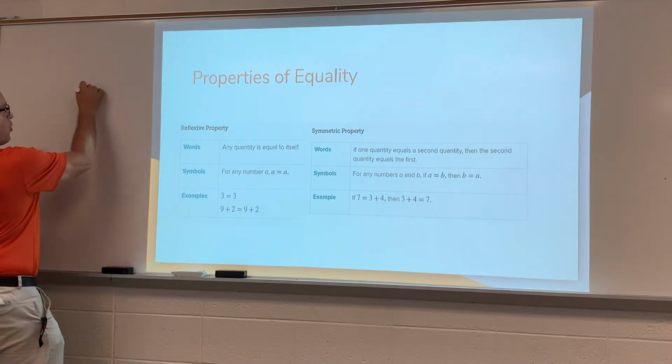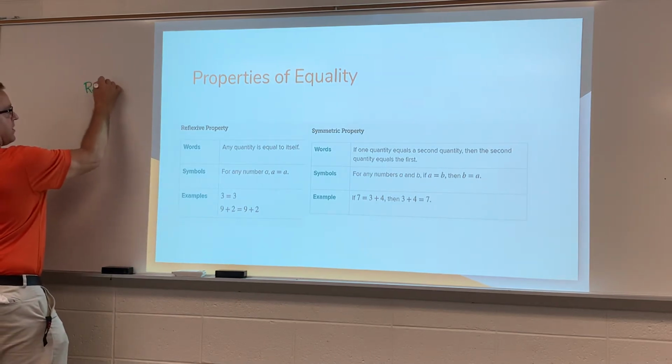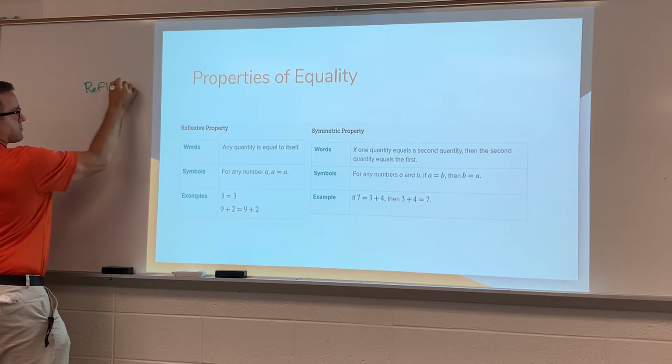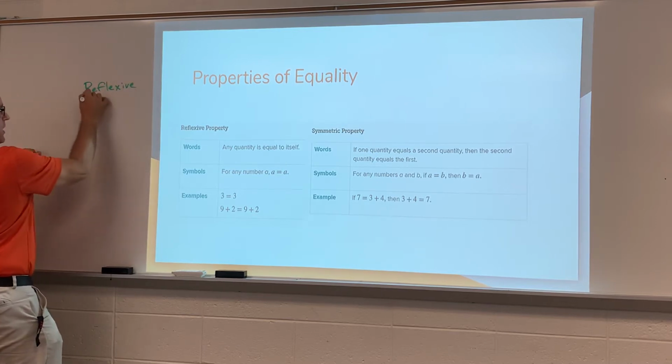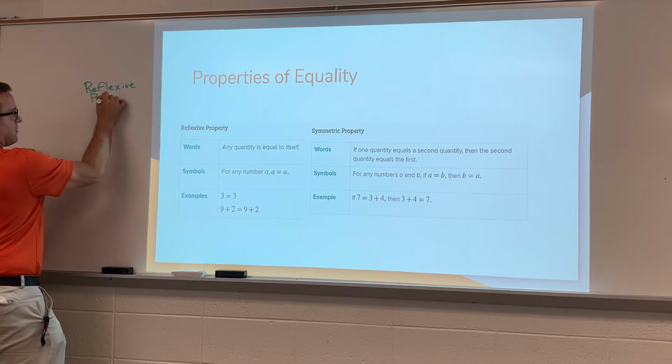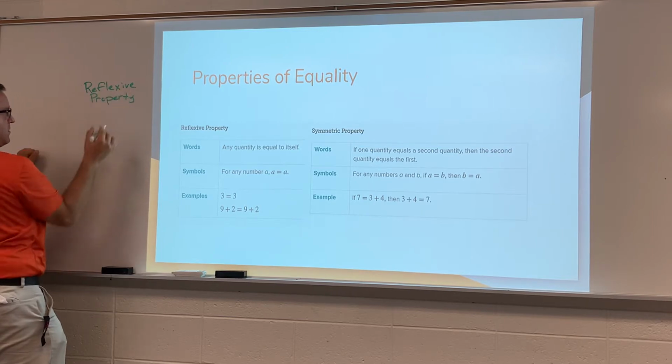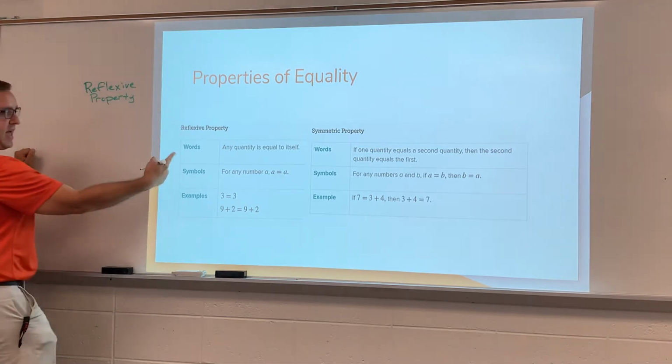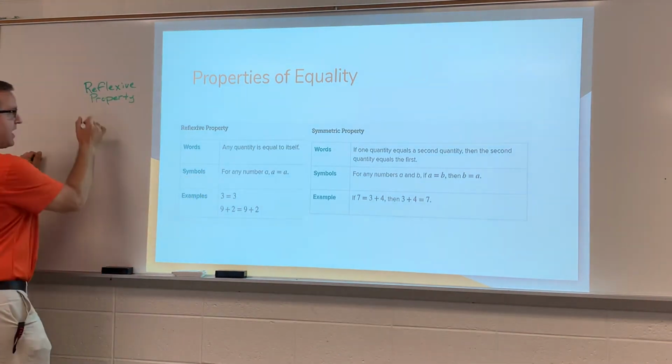Now you don't have to write the whole thing down, you can just write the summary. So I'm writing reflexive property, and then any quantity equals itself.